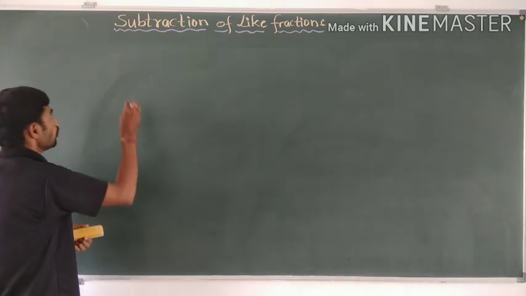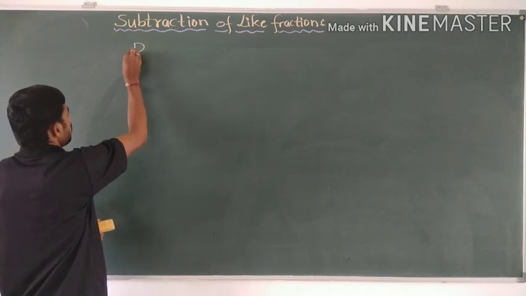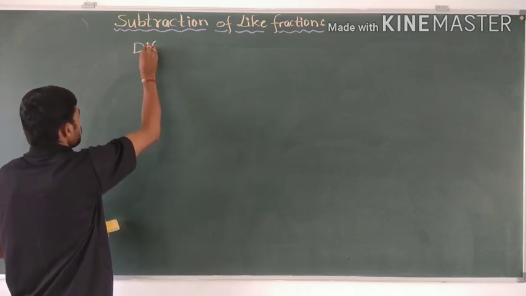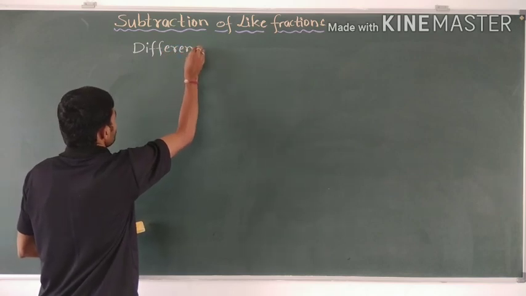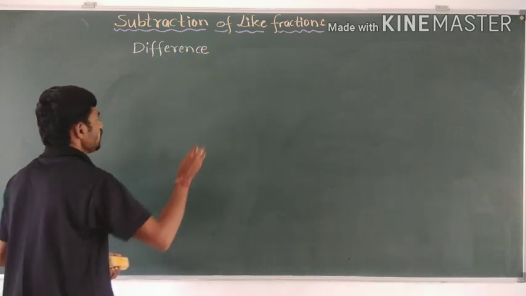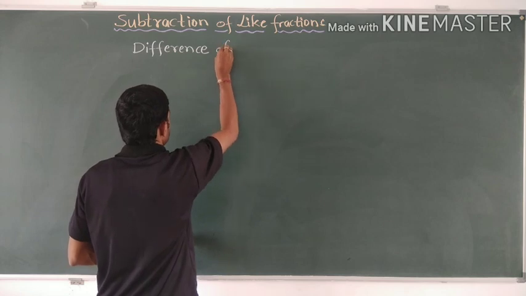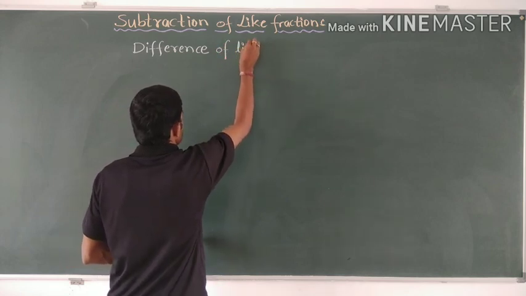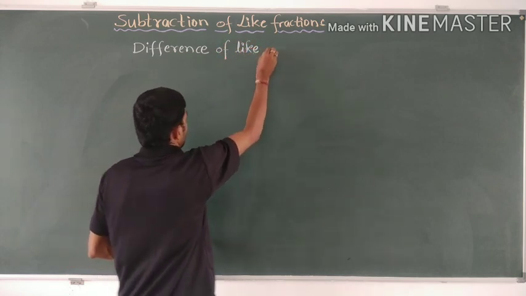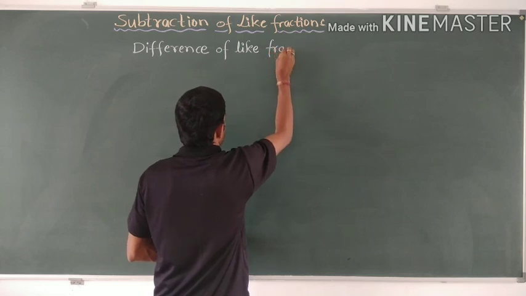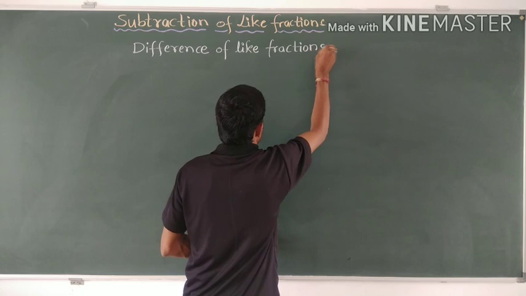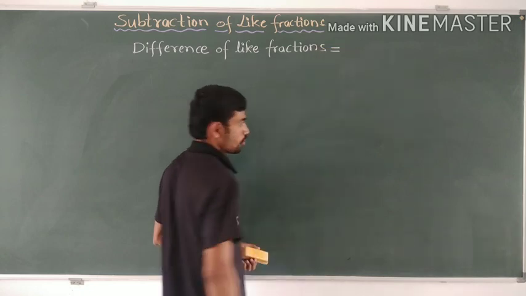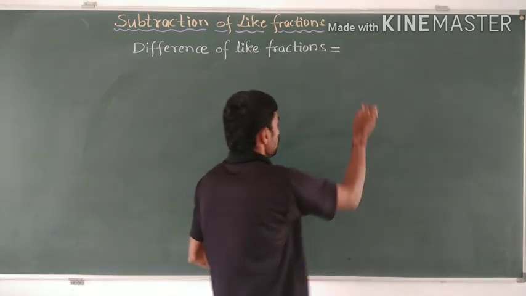Look at the board. We are finding the difference of like fractions. The difference of like fractions is equal to the difference of numerators divided by the common denominator.